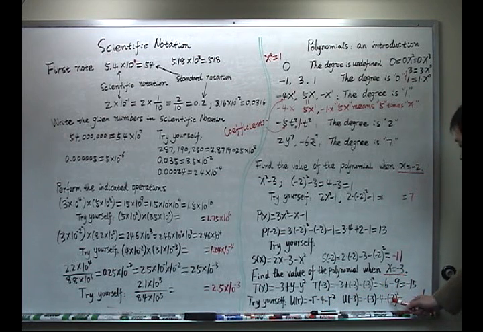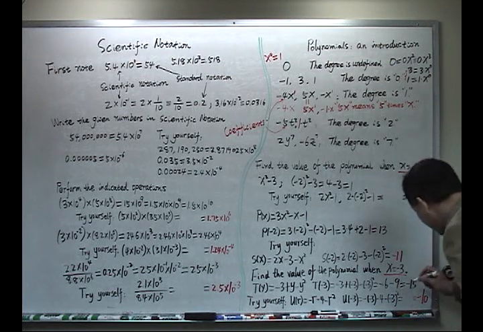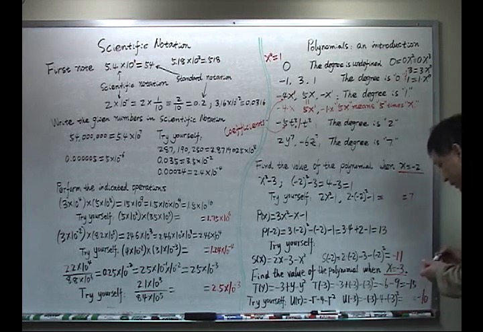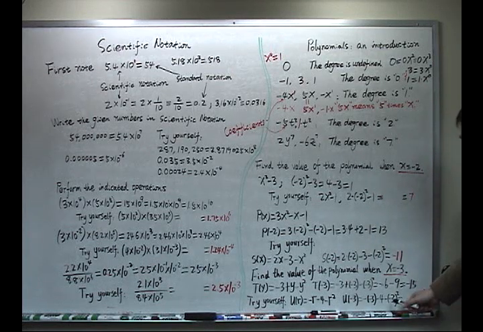So in this case, you have negative 3 then squared. We know negative 3 squared is positive 9, because negative 3 times negative 3, you get two negatives, that's positive.